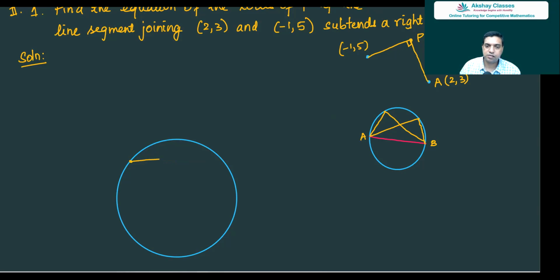There's a chord AB. The chord divides the circle into two segments. The smaller segment is called the minor segment. In the minor segment, the chord AB subtends what angle?